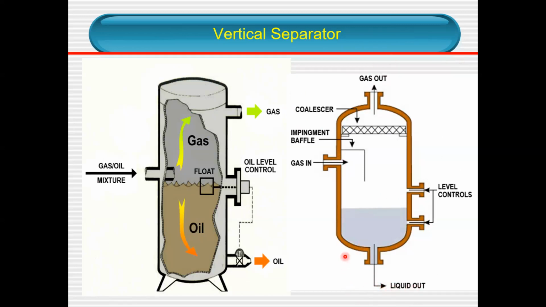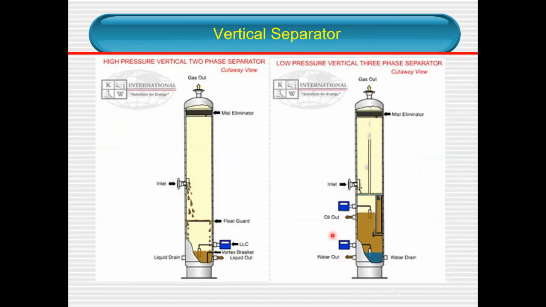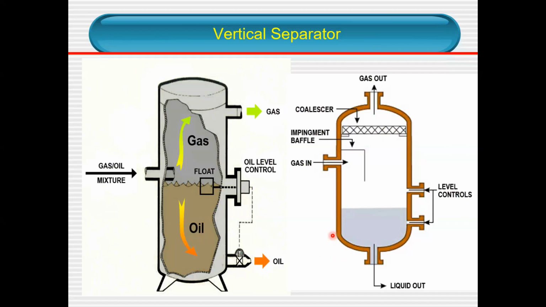It works on a similar concept, but depending on the type of crude oil coming into the separator, you can make a judgment whether it should be a horizontal or vertical separator. If it is a lean oil, it's better to use the vertical separator.